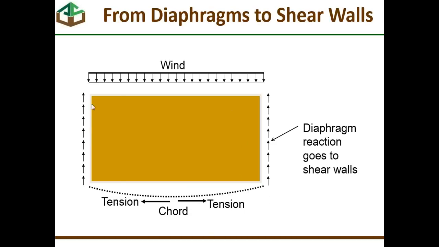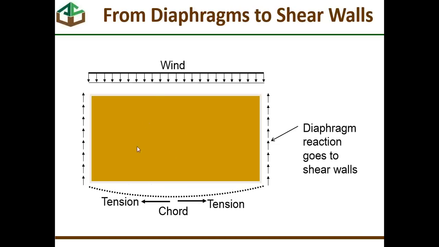Now remember, this is a floor diaphragm or a roof diaphragm. This connection here is the diaphragm to the wall. And so this is why there are double top plate requirements for splices, with lengths of the splice and the nailing pattern, to resist this tension in this deep beam of this diaphragm.